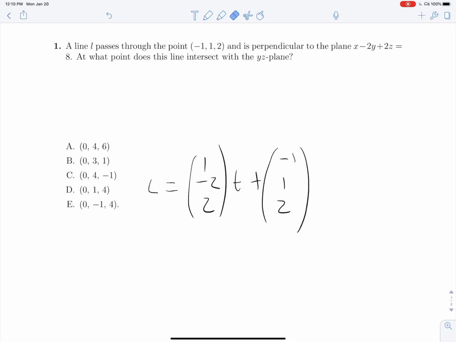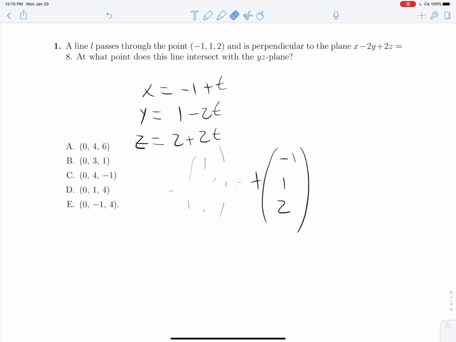And in fact, I know that a lot of people don't use this form, so we can rewrite this as x equals -1 plus t, y equals 1 minus 2t, and z equals 2 plus 2t. That's probably an easier way to show it, but it is equivalent.